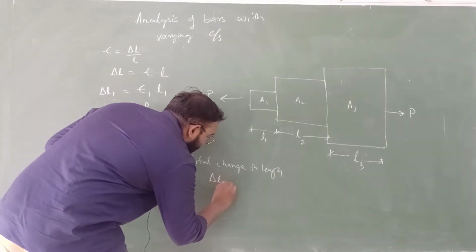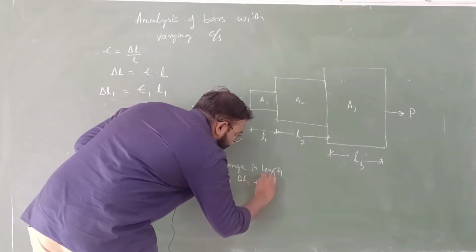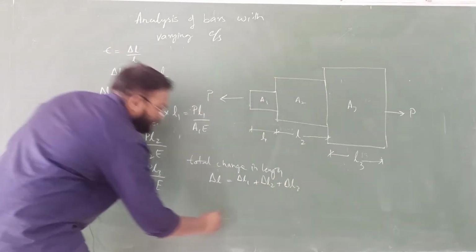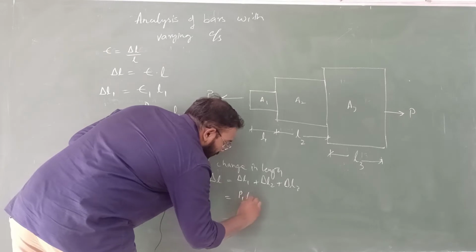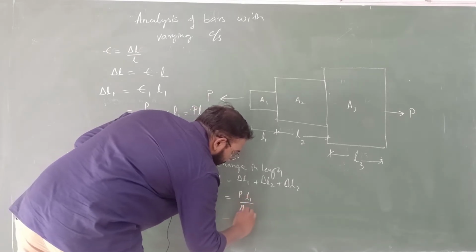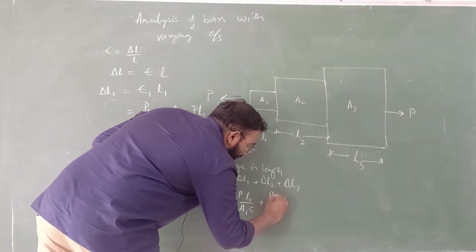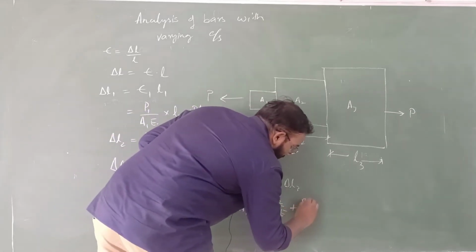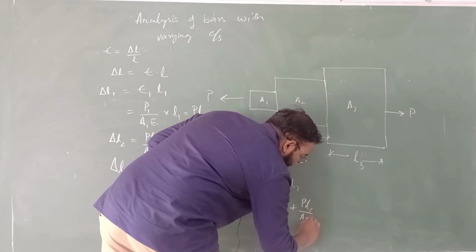This total delta L will be equal to delta L1 plus delta L2 plus delta L3. So this will be equal to P L1 by A1 E plus P L2 by A2 E plus P L3 by A3 E.